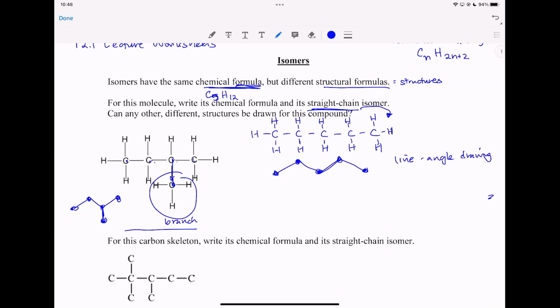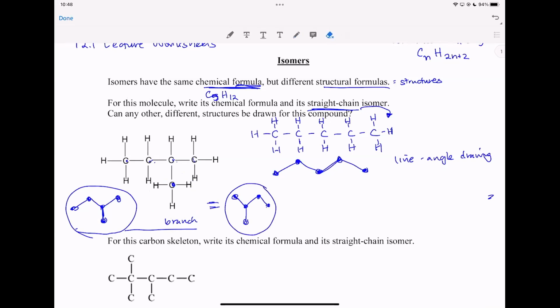Okay. Now this would be equivalent if I flipped it. So if I flip it, like this, it would be 1, 2, 3, 4 carbons, and then a branch. Okay, so this is the same. This one is the same as this one, and they are all versions of this branched isomer.